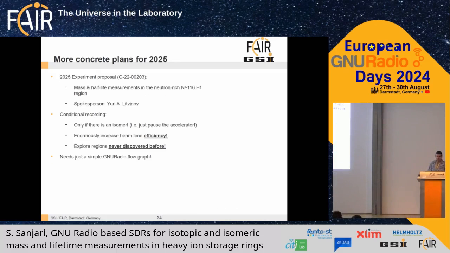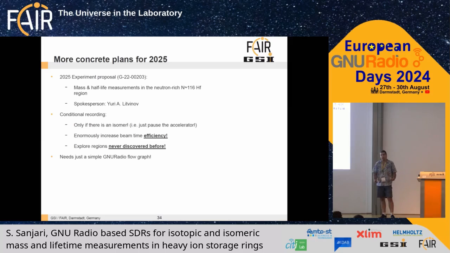Why? Because for the 2025 experiment proposal, my boss, Yuri, came to me and said, we are going to hunt for a very, very rare isomer, because the probability of production is very low.